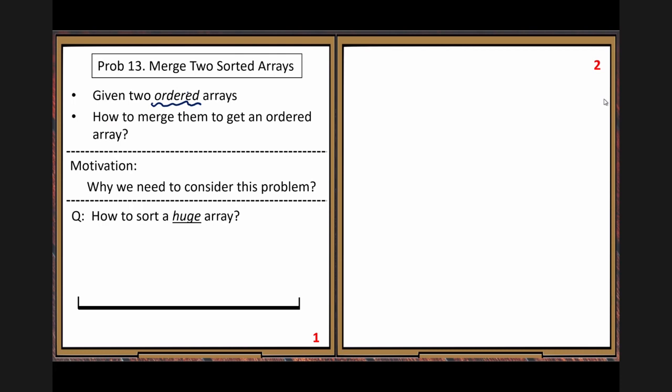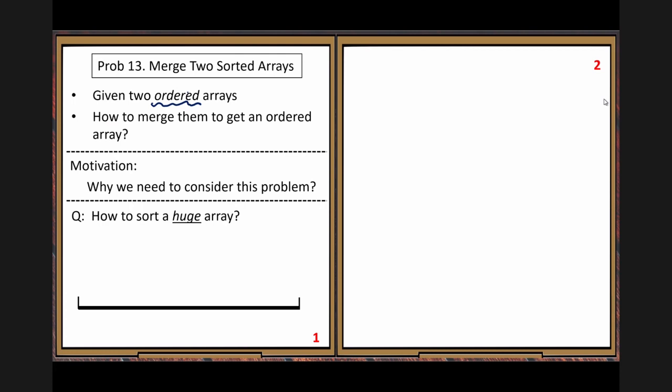Can you still do the sorting? Usually when we run our sorting algorithm, we load the whole array into the main memory first, right? The first thing we need is to load the whole array into the main memory. Then we can apply our sorting algorithm. That's the usual way.